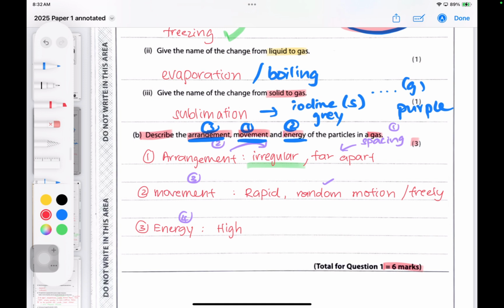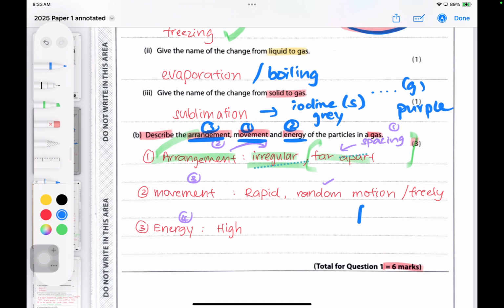Okay, so how do you score these marks here? In order for you to score, first you might want to break it down. It's easier for you to make sure you don't miss out the points, because they want you to talk about arrangement, so you highlight arrangement. The arrangement in gas is irregular and they are far apart. Far apart is essentially a type of spacing between the particles.